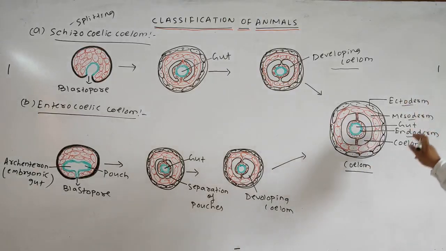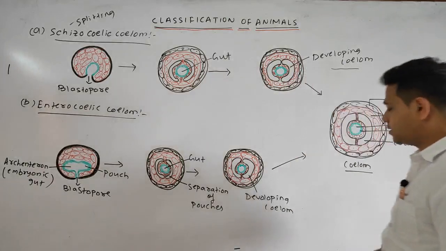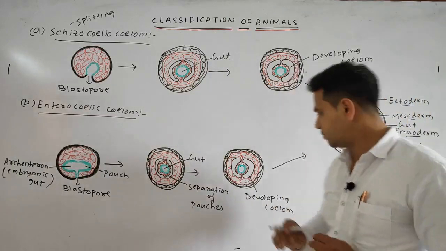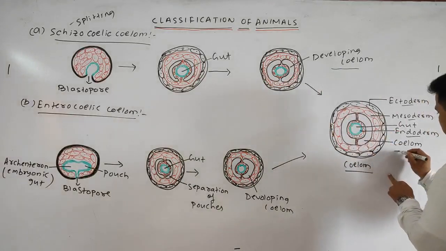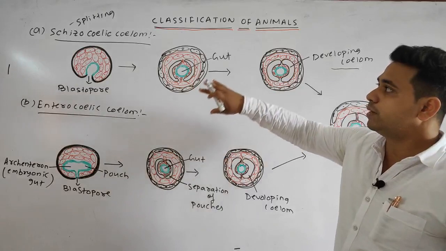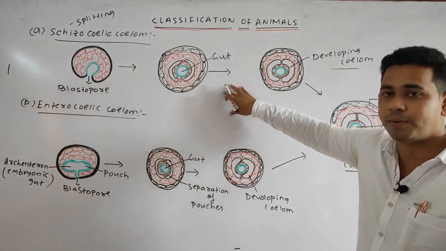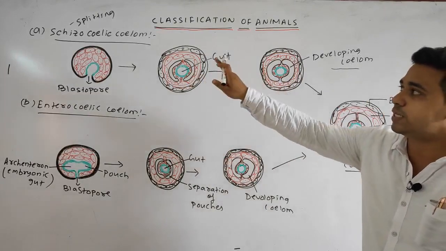Listen, students, I have written only gut, but it is basically the primitive gut, the primitive stage of the alimentary canal. And this cavity, as you can see, is the true coelom. So the coelom formed by the splitting of the mesodermal cells is called the schizocoelous coelom.